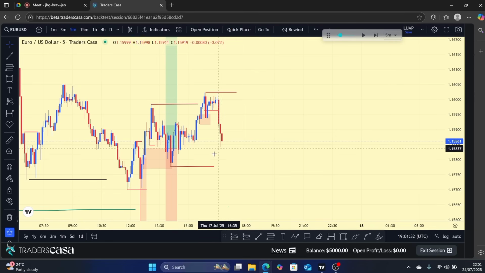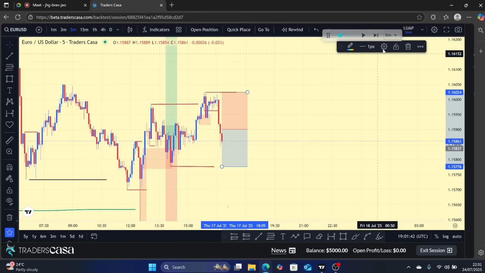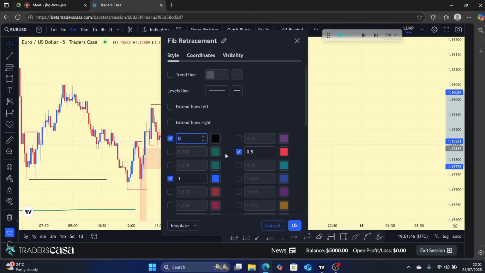And so this is where some other knowledge comes in, like you take your fib, drag it from that low all the way to this high. So this is a glitch, it's not recommended. All right, so you can clearly see the level 0.618 and this one 0.78, and then you do that.